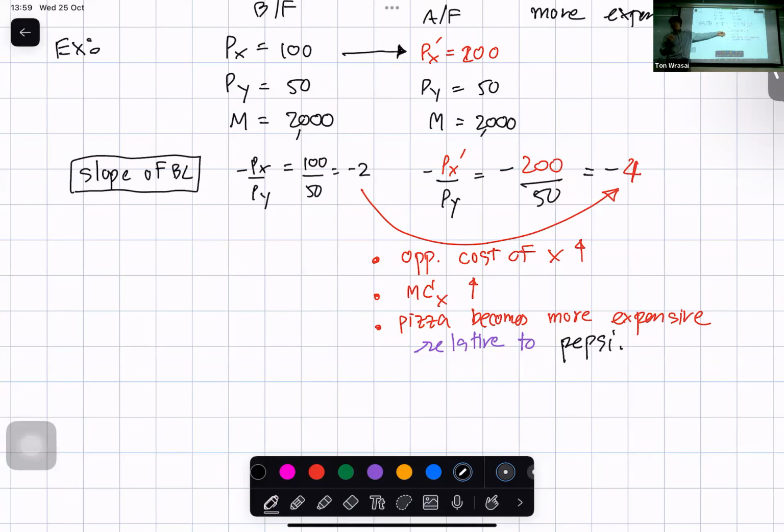Whatever you want to say, it is reflected in this minus 2 becoming minus 4.